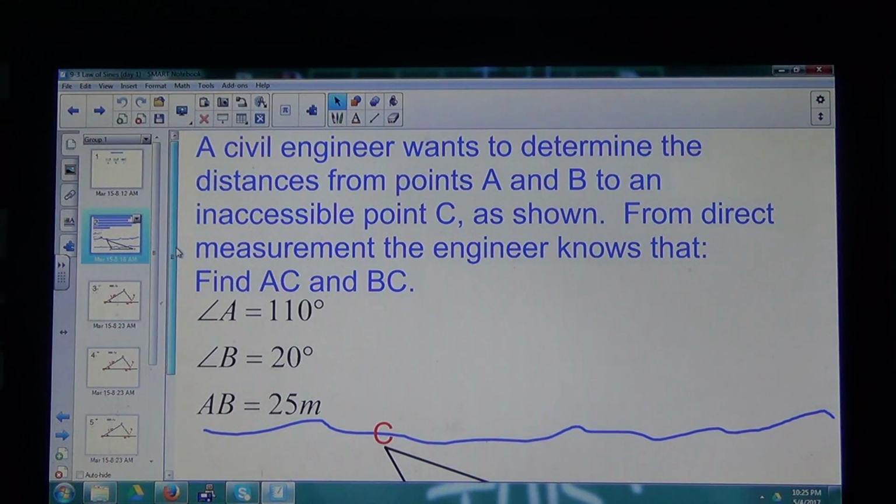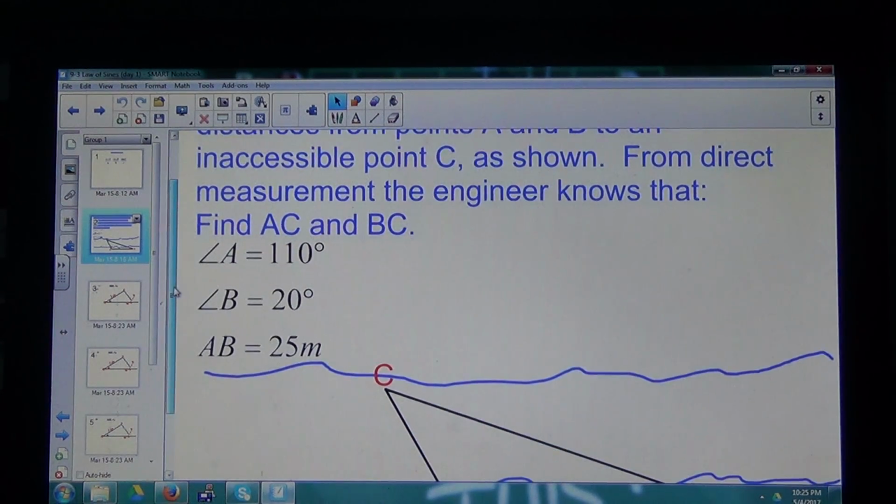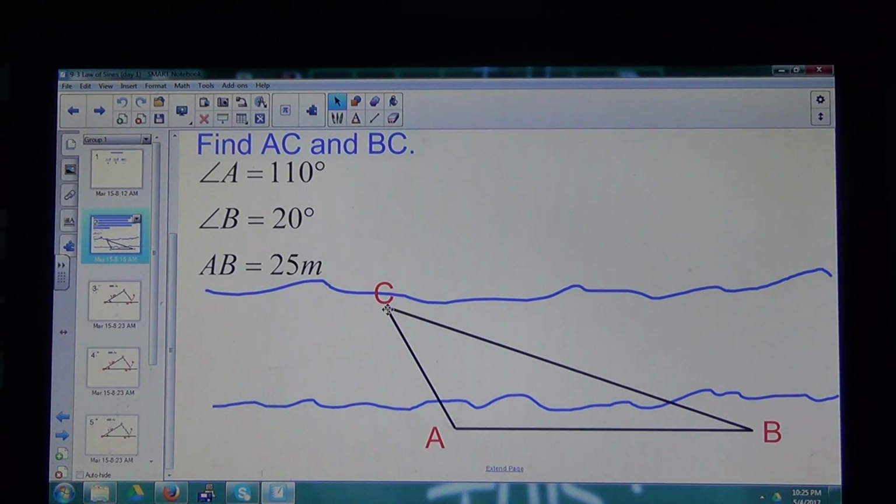We want to determine the distances from points A and B to some point C that is in the water. If they're building a bridge and have to put down a post or something like that, they want to know how far it is from point A to C and then from point B to C.